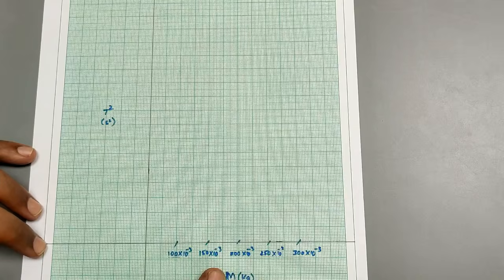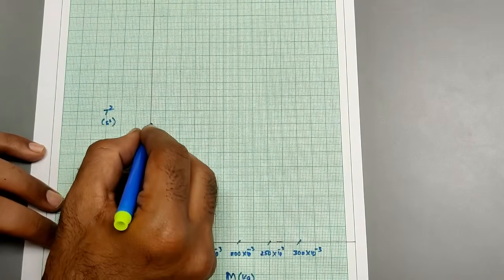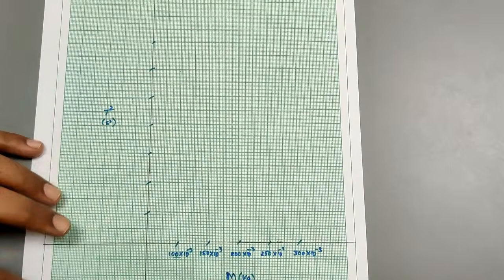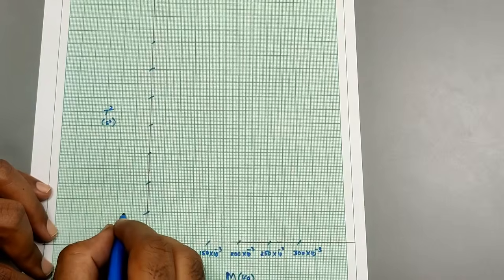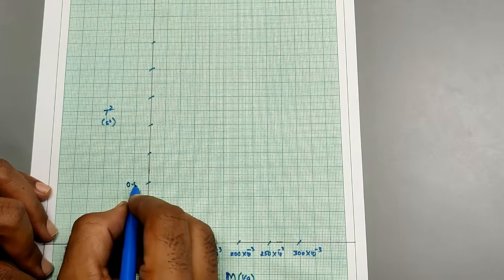Here also I take a value for every 2 centimeter. See, 1, 2, 3, 4, 5, 6, 7, like this it will go. For every 2 centimeter I have taken the marking. We'll start from 0.25. So this is 0.25, right? And this is 0.50.